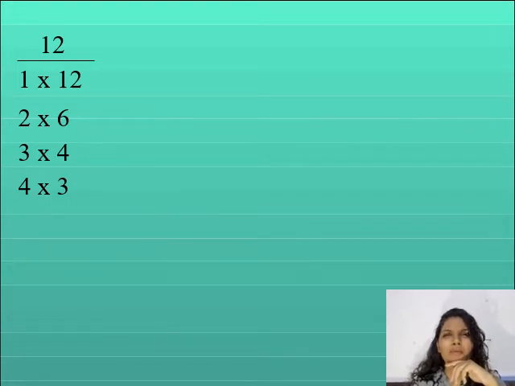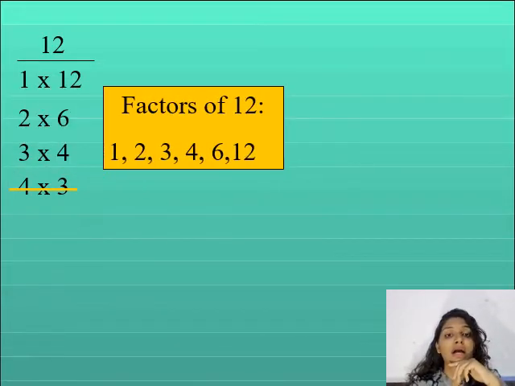Do we need to write 4 multiplied by 3? It's getting repeated, don't you think? So we can cut it down. So all the factors of 12 are 1, 2, 3, 4, 6 and 12.